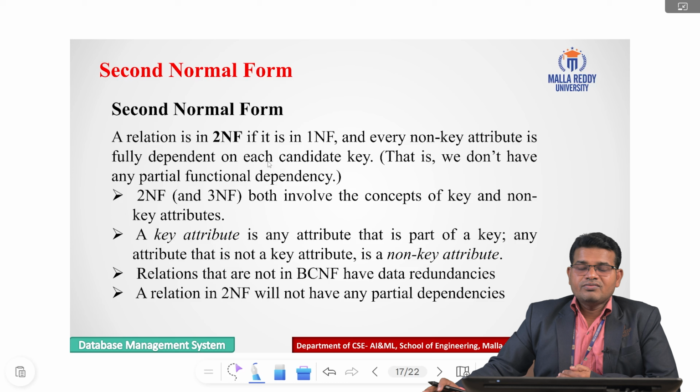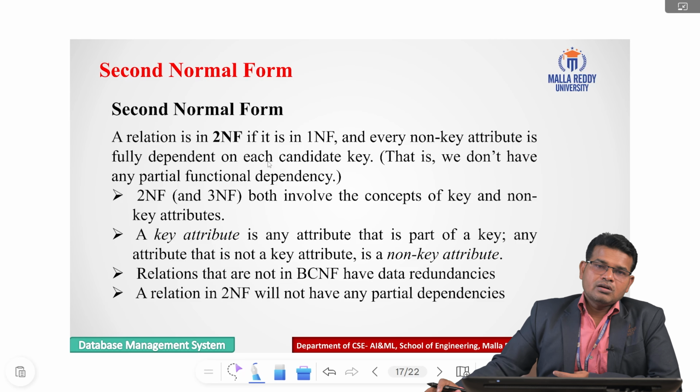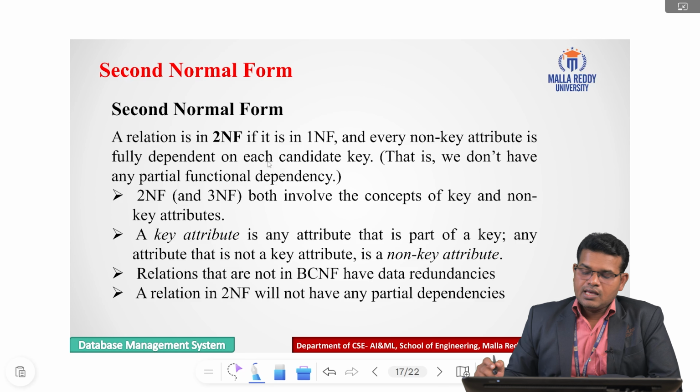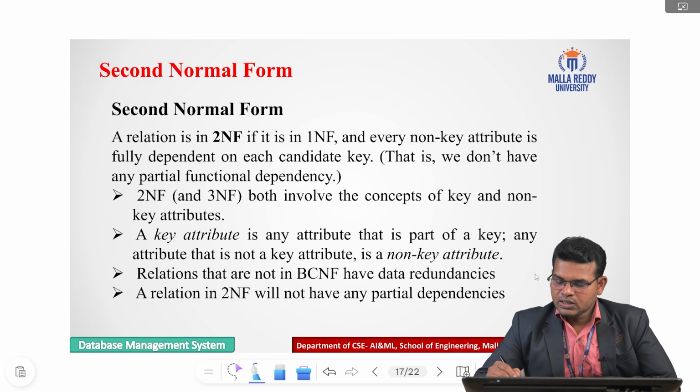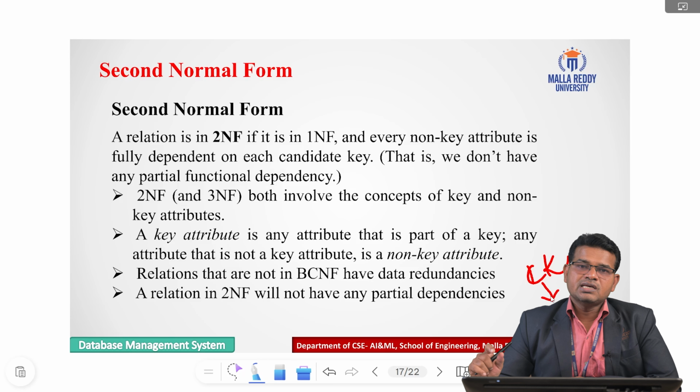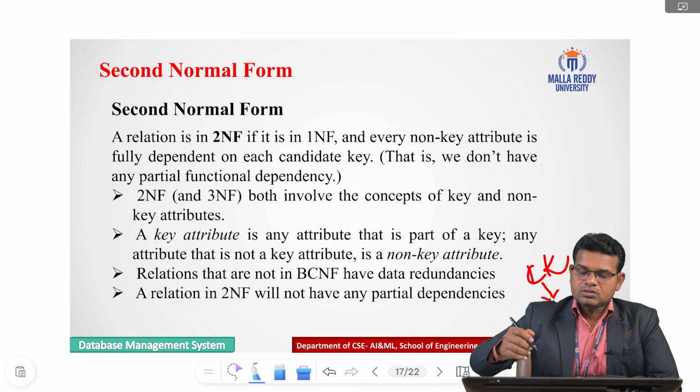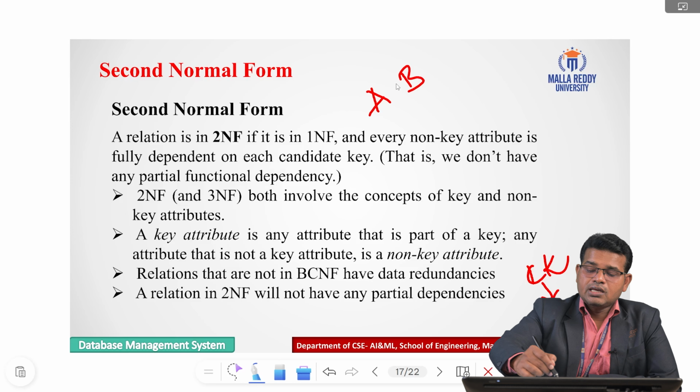Here we can remember what we talked about partial dependency. If any non-key attribute depends completely on the primary key alone, then it is fully functionally dependent. Now, if any part of the CK, that is part of the candidate key, means any prime attribute. Suppose a candidate key has two attributes, AB, a candidate key in a relation.